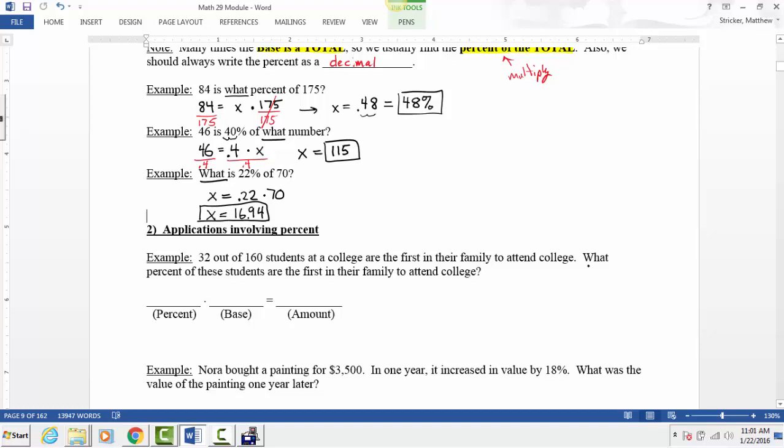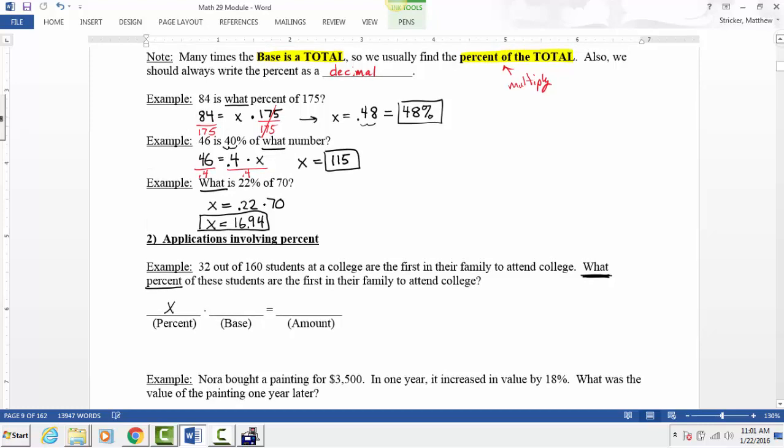Now, notice this key word here, what. What is what? It's what percent. So the x goes in the percent. And remember, this is key. You always take the percent of the total. So are we taking the percent of 32 or 160?